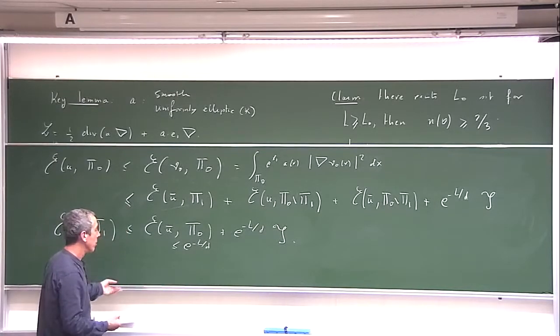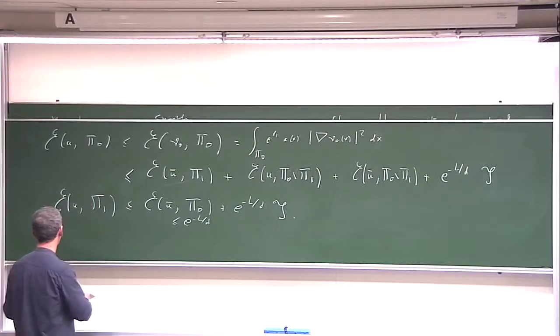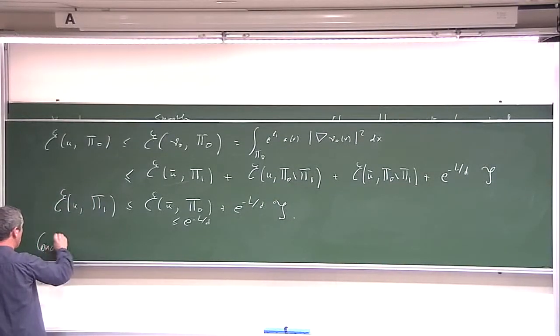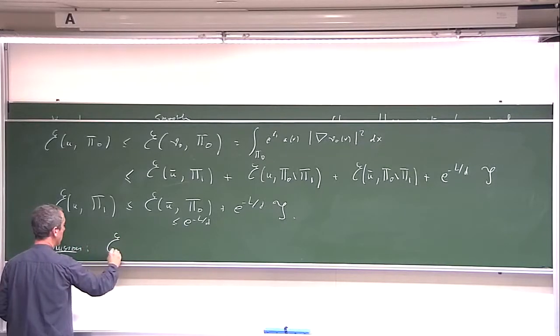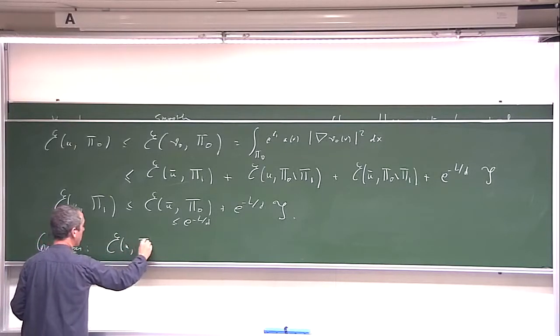And so the conclusion is that we have a bound on the energy of u on pi 1.